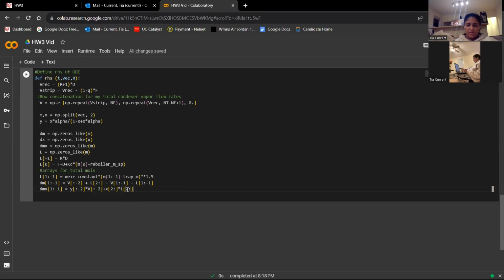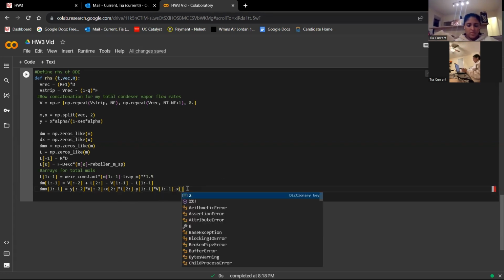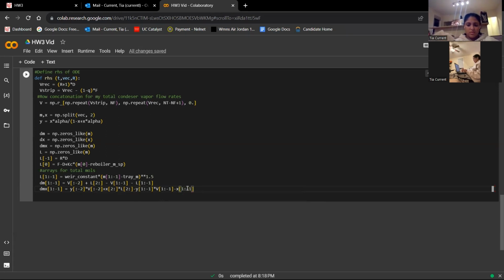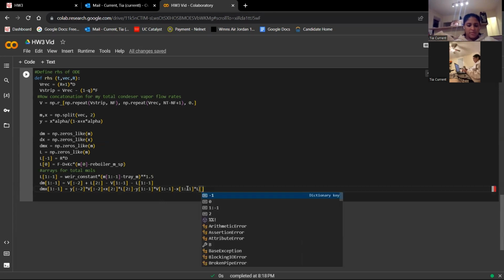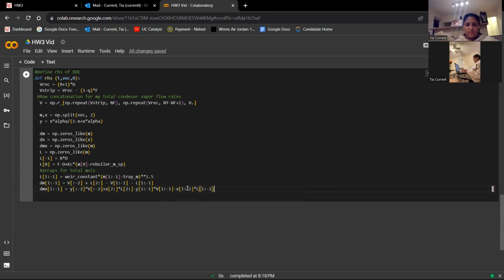Okay, and it's going to be minus Y, open brackets, 1, 2, -1. This is times V, 1, 2, 1, minus X, to the -1, times L. And this is from the equation that was done earlier in OneNote, right?